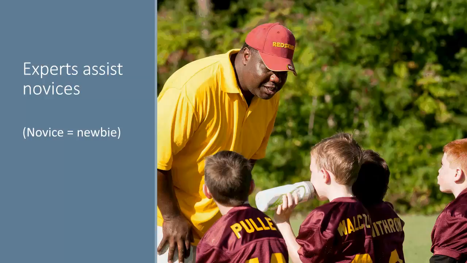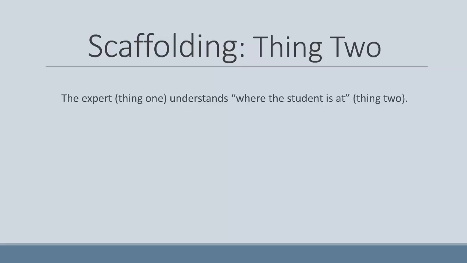So experts know a lot, and they can think of many things to do with novices to help them learn some of it. A novice is a newbie. Literally, that's what the word means. But what the expert chooses to use with a particular novice depends on the expert's judgment of what the novice already knows.